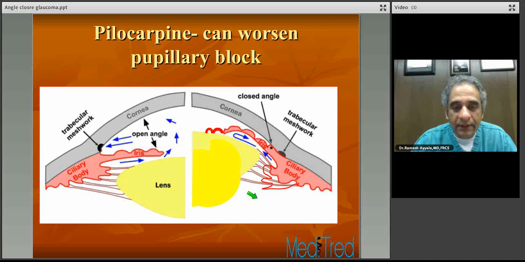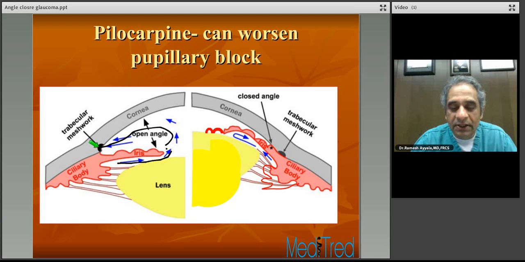So here is a schematic of how pilocarpine can be a friend and, in rare situations, your enemy too. Pilocarpine in a normal situation would make the iris taut and pull the pupil away from the lens capsule, making the iris less convex and thereby allowing the aqueous to access the trabecular meshwork.